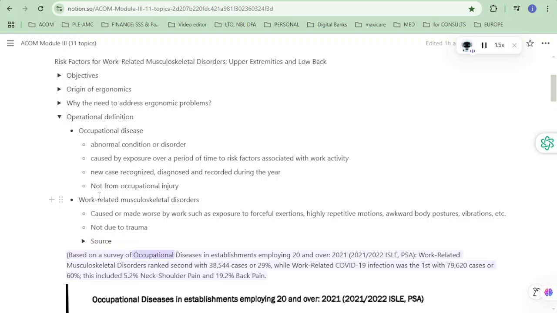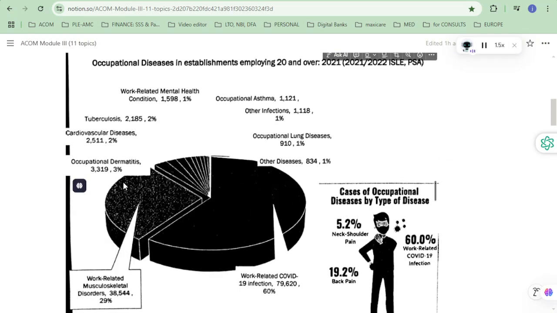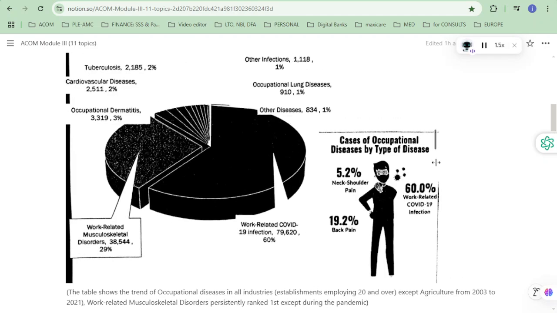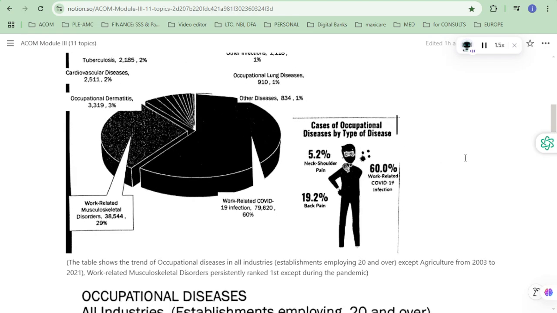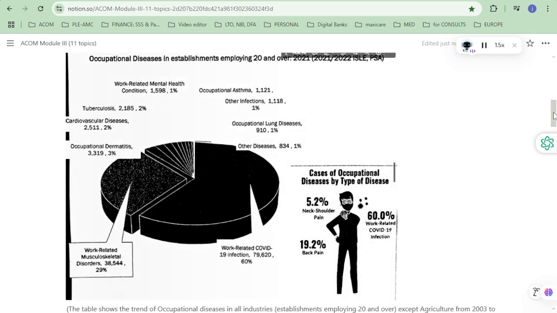Source: based on a survey of occupational diseases in establishments employing 20 and over, 2021. In the 2021/2022 ISLE, PSA, work-related musculoskeletal disorders rank second with 38,544 cases or 29%, while work-related COVID-19 infection was first with 79,620 cases or 60%.